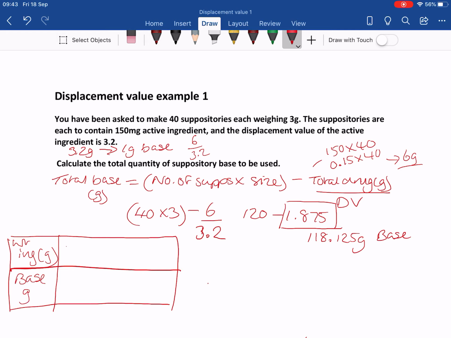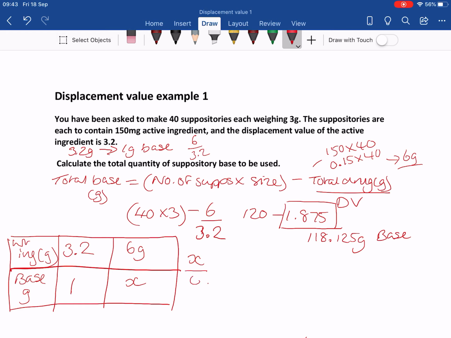We know that the displacement value of 3.2 means that 3.2 grams of ingredient displaces 1 gram of base. We know that we have a total of 6 grams of ingredient in our 40 suppositories. So we need to calculate how much base is displaced by that. So we can set up our equation.